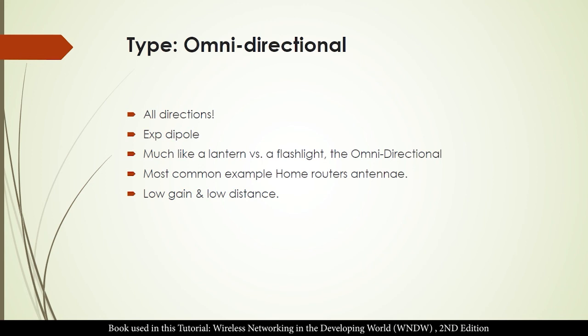You have seen routers in your home that have 2 or 3 or even a single omni antenna. They are mostly low gain antennas and will cover a short distance. If you go beyond 100 or 150 meters, it will drop the signal.